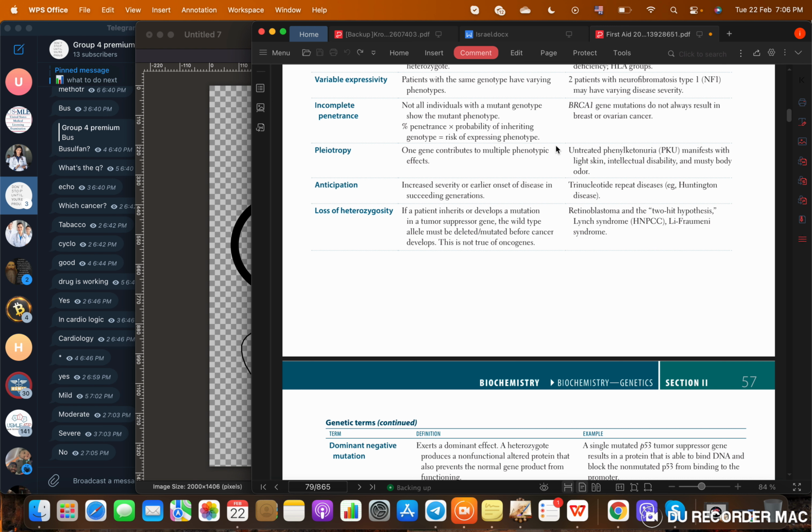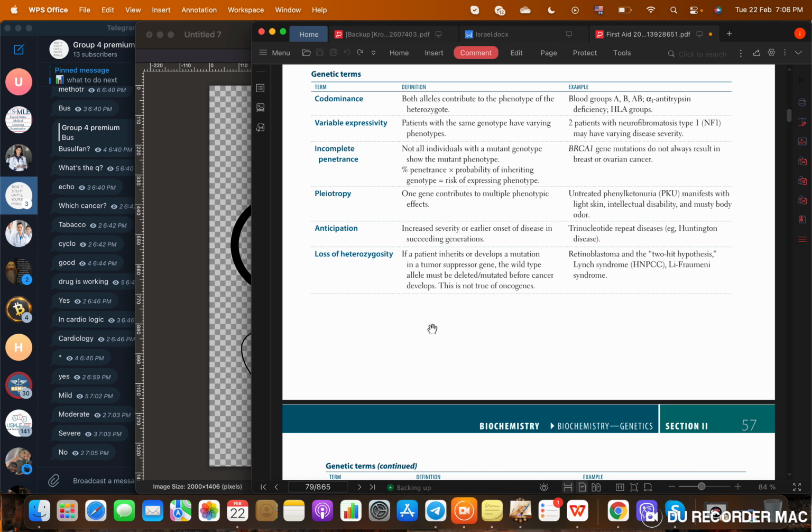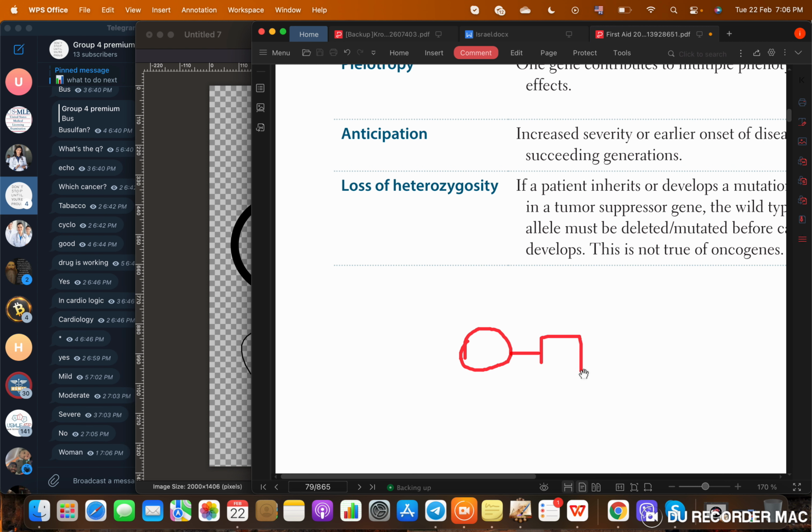So the question is like this. We have a patient who is having Marfan syndrome. By the way, guys, you need to learn how to do a pedigree. So I'm just going to do a small pedigree with you guys here. What does the circle mean in a pedigree? A circle is a woman, a square is a man.